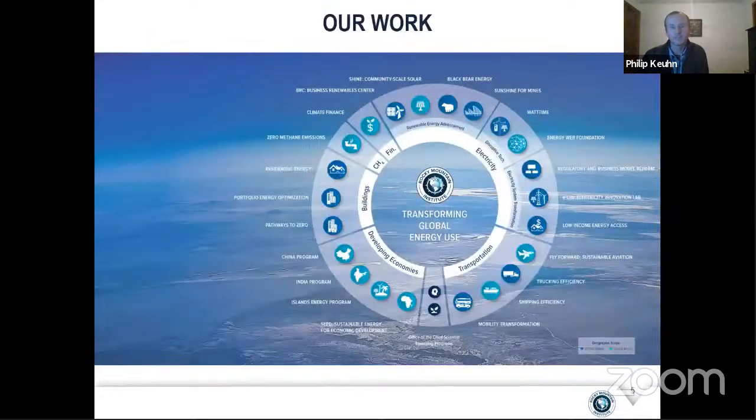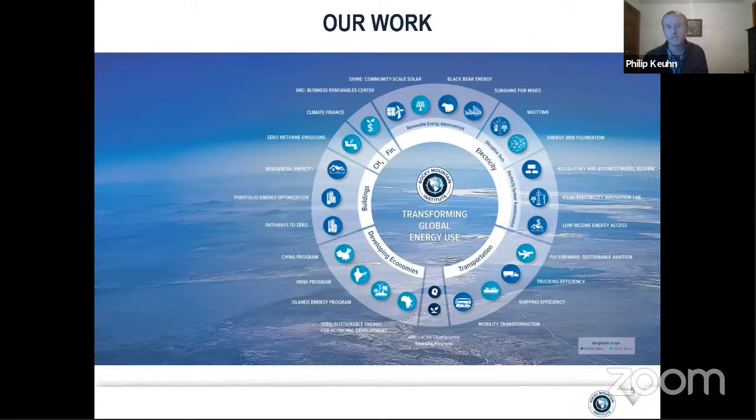So this slide is really just giving a visual overview of the different topics that RMI is focused on. You can see it's a pretty broad spectrum spanning the overall energy system. So, we have buildings, but we also are looking at transportation, electricity, industry.